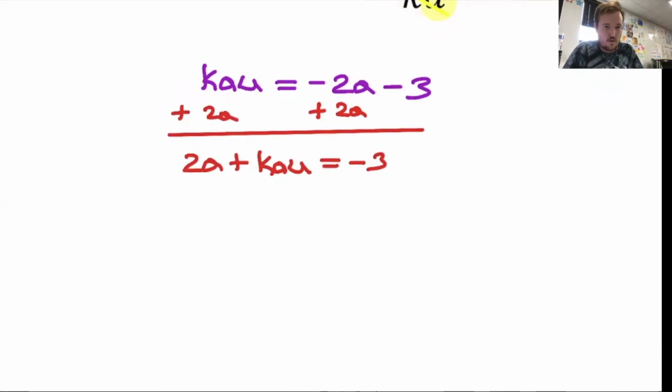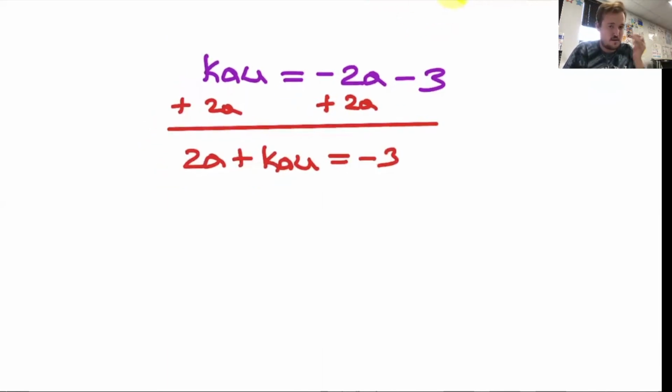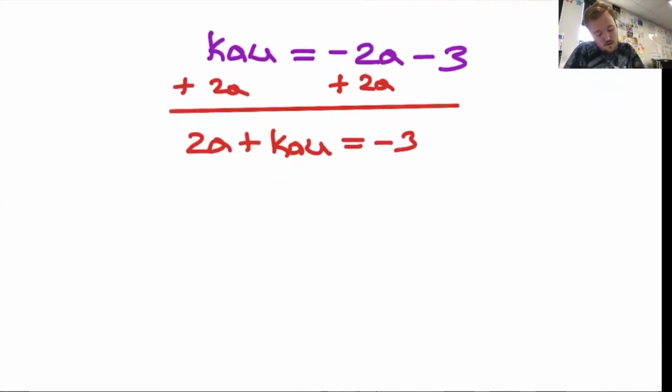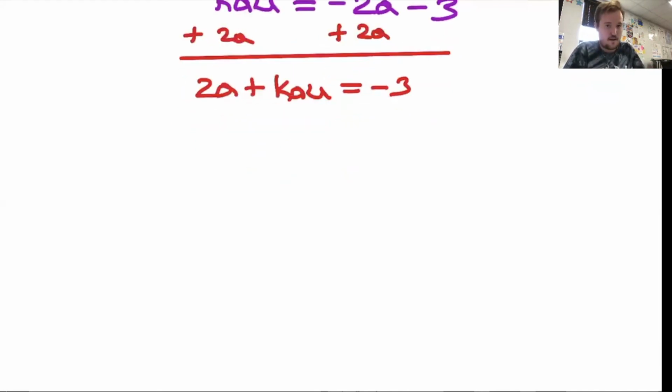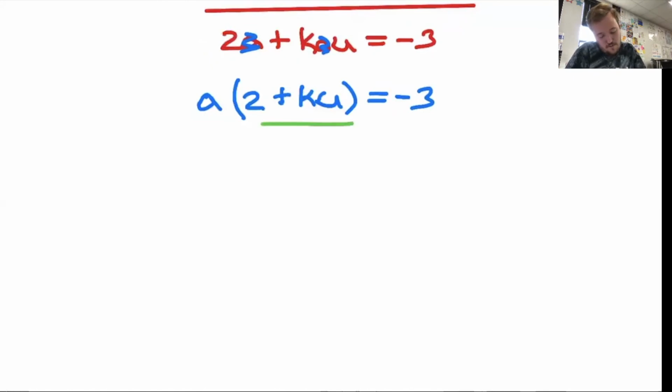So once again, the order of addition is commutative, so the order doesn't matter. So now I want to take out that a value. So I'm going to take out a. So when I take out that a value, you just want to see what's left. So you have 2 plus Ku equals -3. So for our final step, divide by 2 plus Ku.